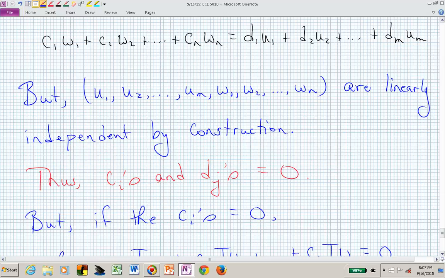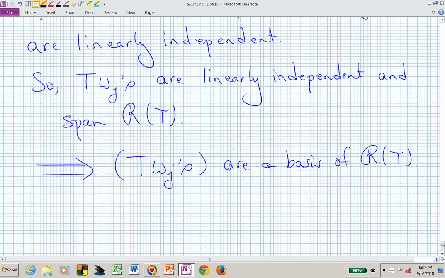We wanted this to span all of our domain. Yes, W1 through Wn are linearly independent, so all of the C's and the D's have to be 0 because of that. So now this list of vectors, TWJs, is a basis of the range of T.